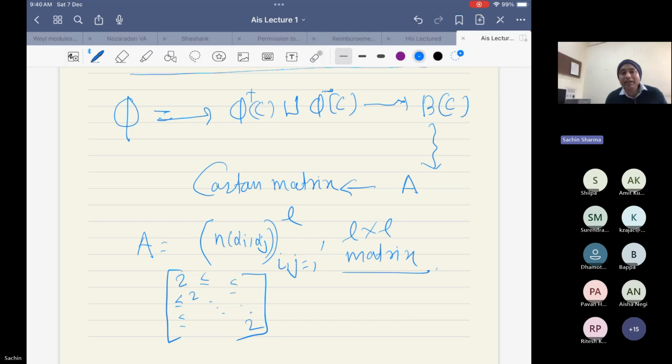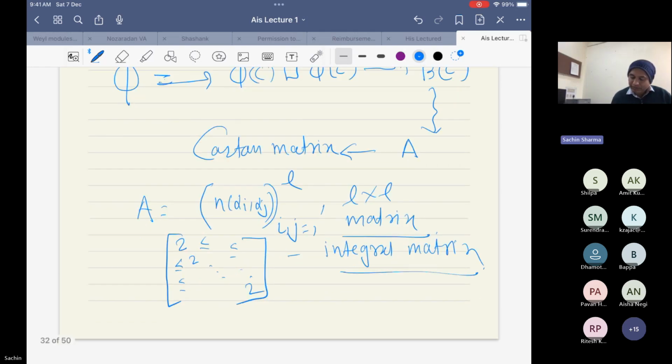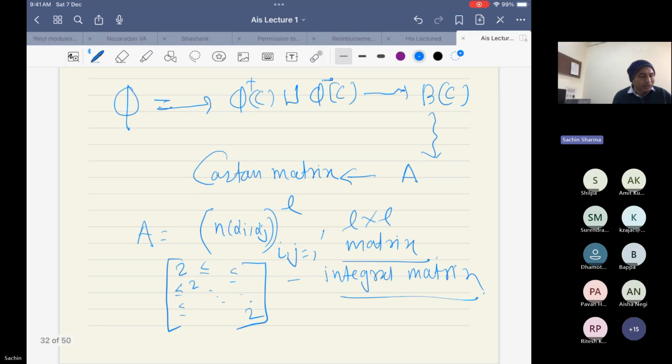So these are all negatives actually. Note that this is actually an integer matrix. Okay, integral matrix. It's a very special kind of matrix. And so what happens is, with respect to this, you would have a positive definite W-invariant form on R^n.